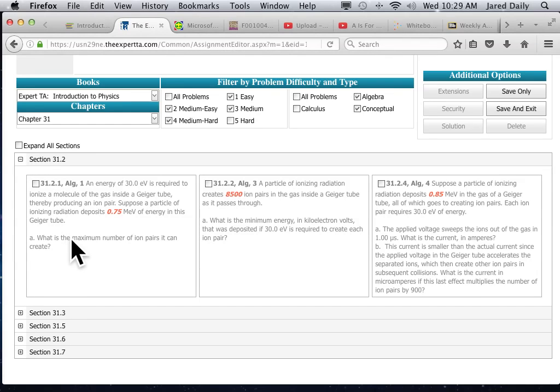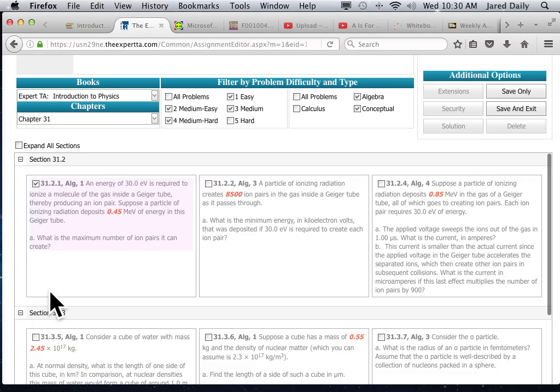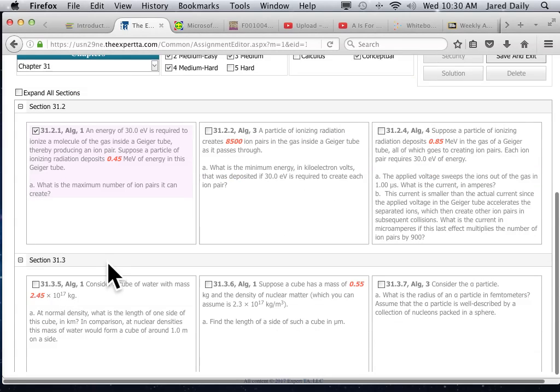Ionizing in a Geiger tube. Yeah, those aren't all that interesting. Suppose we should give you one of them. Not that exciting though. Cube of water.